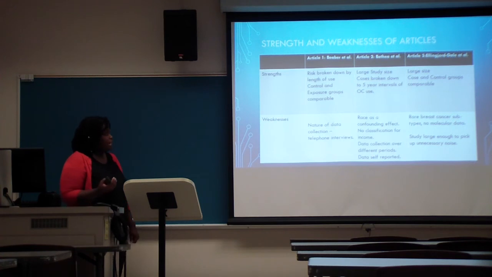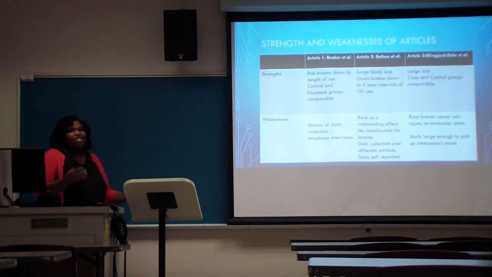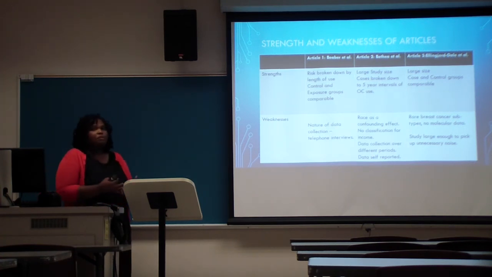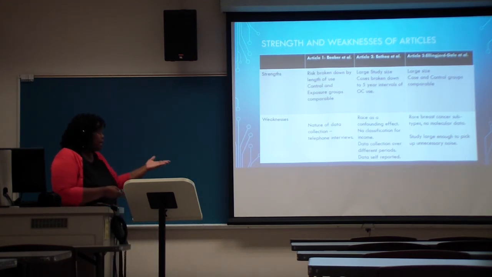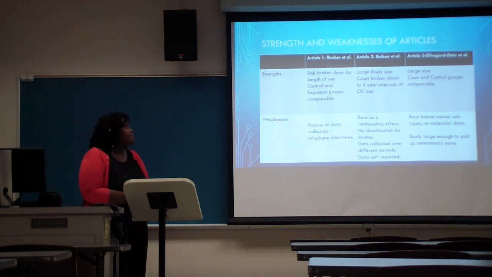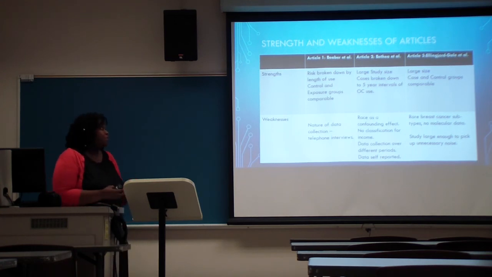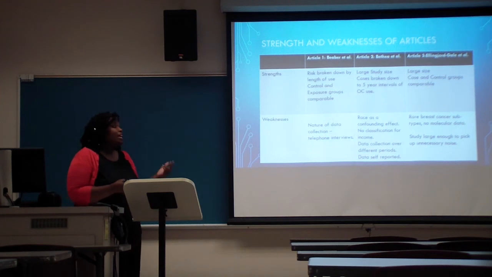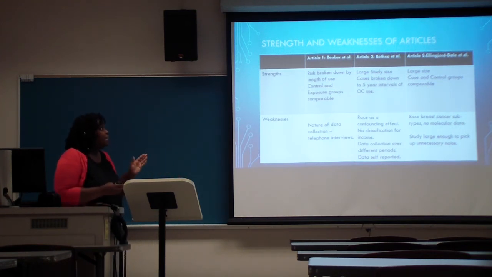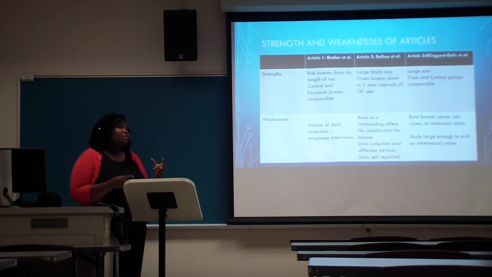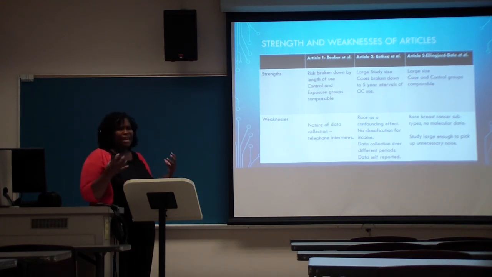In terms of weakness, for Article 1, because of the way the data was collected, just by personal and telephone interviews, errors can occur that way. In Article 2, definitely race was not controlled for, and income was not controlled for, and we also have to indicate that the control group was way larger than the case group.